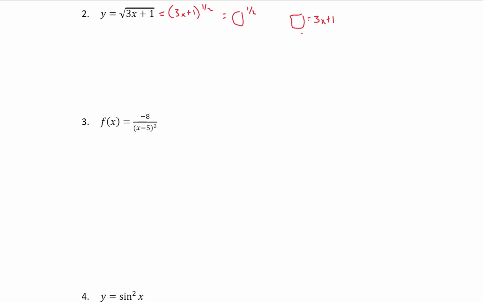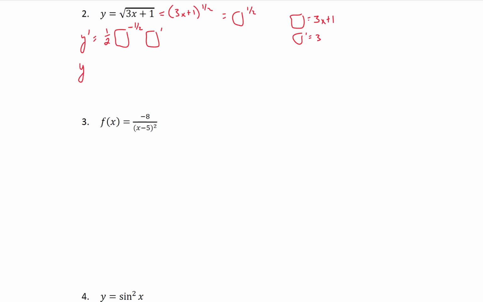So then we know we're going to need blah prime. So blah prime is just 3, since that's the derivative of 3x plus 1. So y prime then is equal to 1/2, so bring the power down, times blah to the 1/2 minus 1 power, or so to the negative 1/2 power, times blah prime.